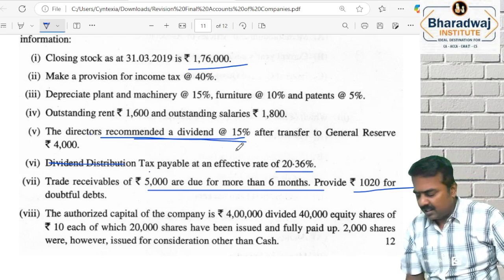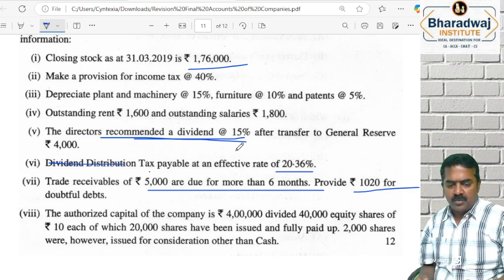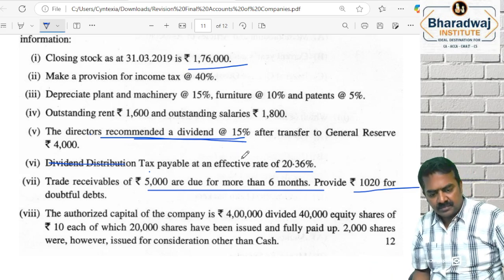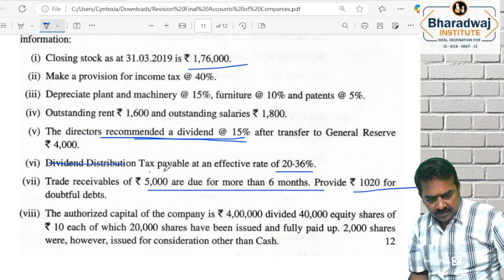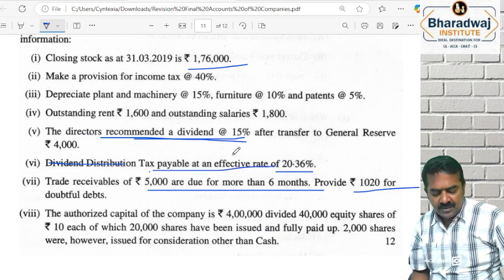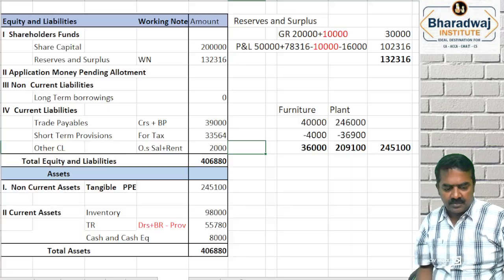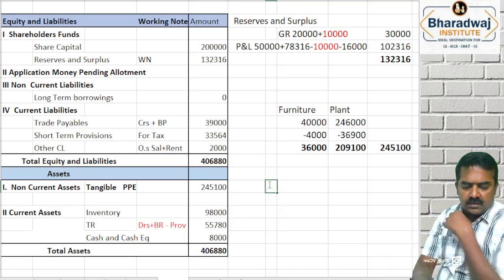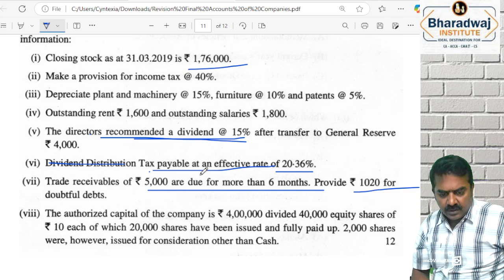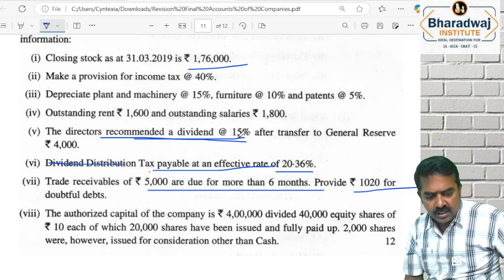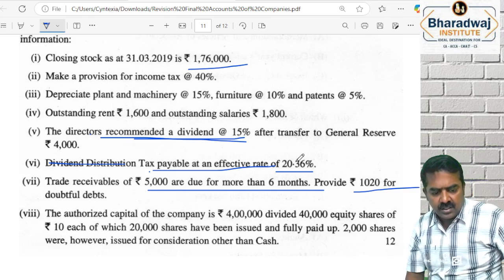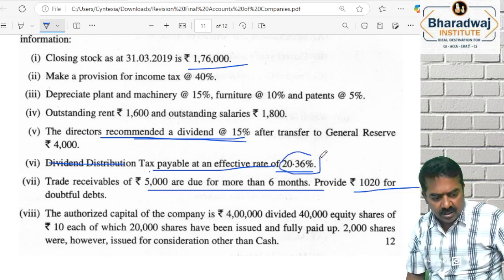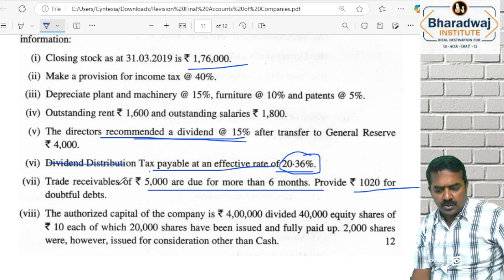It will not affect the problem. Both the proposed dividend and the dividend distribution tax are notes to accounts.